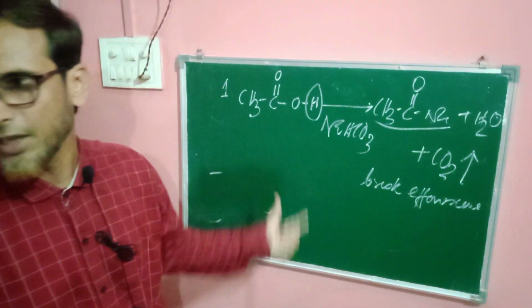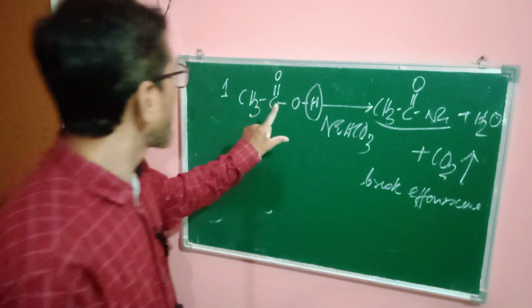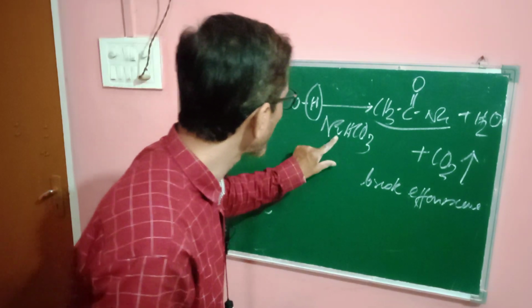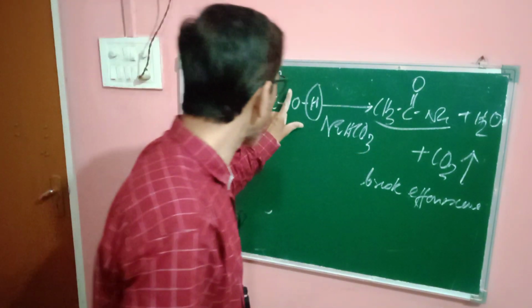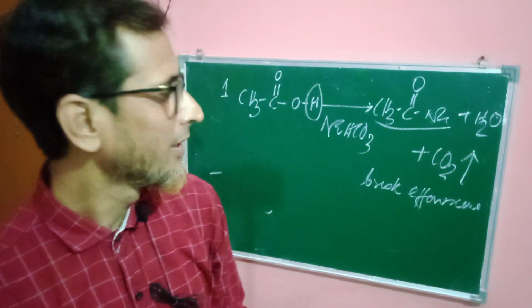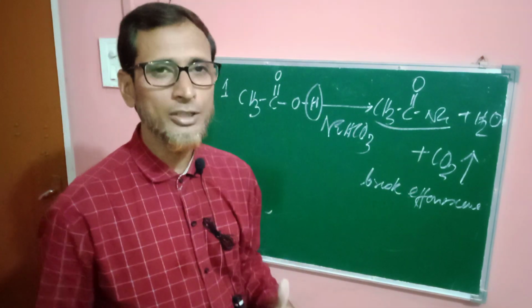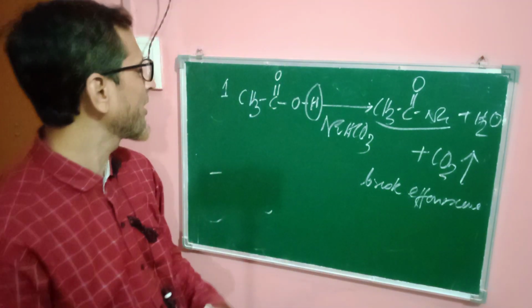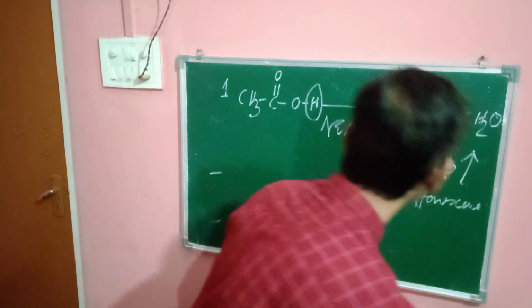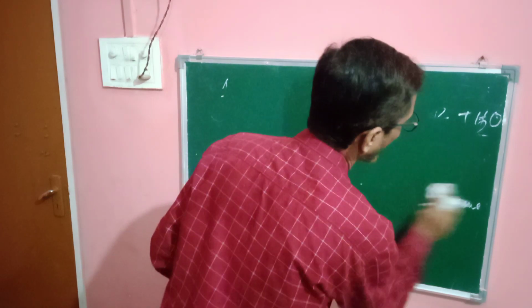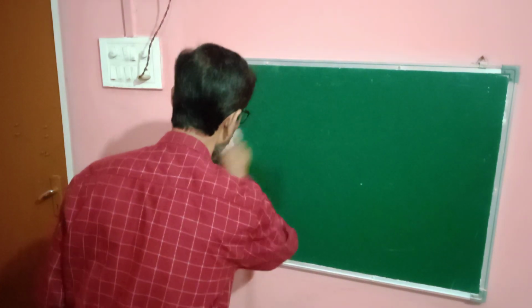Though carboxylic acid is stronger than phenol, yet phenol reacts with sodium carbonate, and carboxylic acid reacts with sodium carbonate too. But with sodium hydrogen carbonate, in the case of carboxylic acid there is big effervescence of carbon dioxide, and that indicates the compound is a carboxylic acid, whereas no such carbon dioxide evolution is possible when it is made to react with phenol. So that's why, with the help of sodium hydrogen carbonate, we can distinguish carboxylic acid from phenol. So the first type of reaction is over.